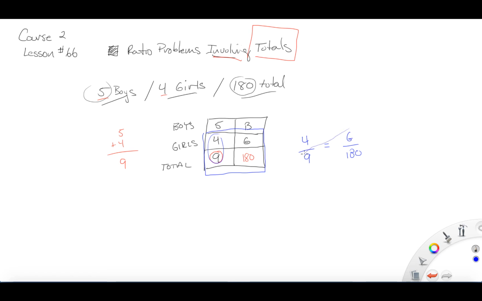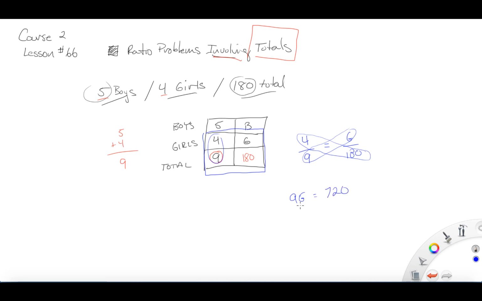Well, if you have an equal sign, that means you can cross multiply. So 9 times g is 9g equals 4 times 180. All right, so multiply 4 times 180, and you should come up with 720.